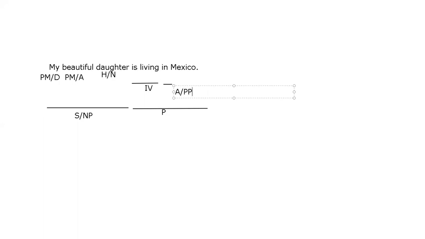It is an adverbial and it is a prepositional phrase. Remember, in the case of prepositional phrases, we don't find a head, but a preposition. And then the word Mexico here, which is what we call the object of the preposition, and it is a noun phrase.